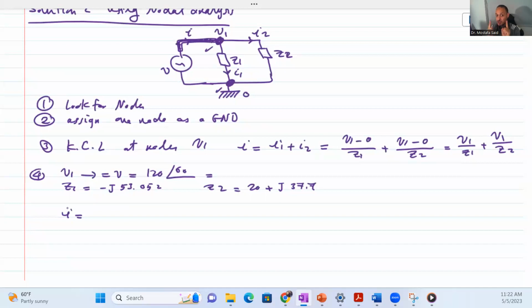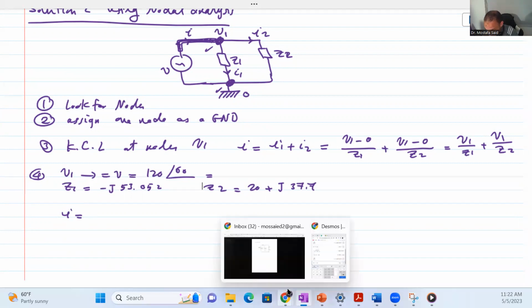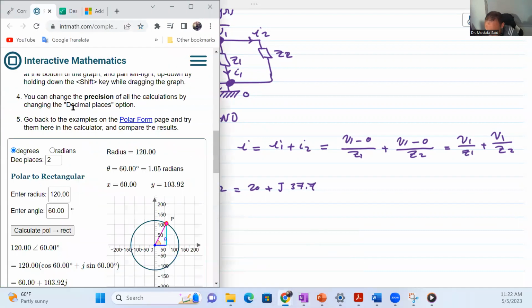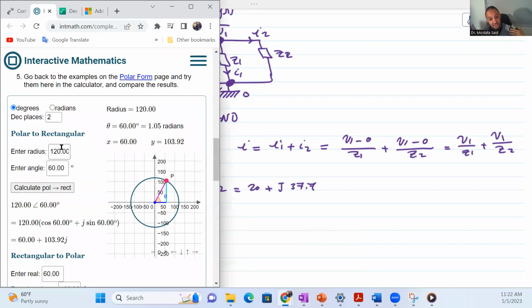If you convert Z, it is two steps, because you have to convert Z1 and Z2. So we're going to convert V. We're going to go again to our online websites that do that for us. This is the third website that I mentioned to you, which makes it easy to convert polar to rectangular and vice versa.